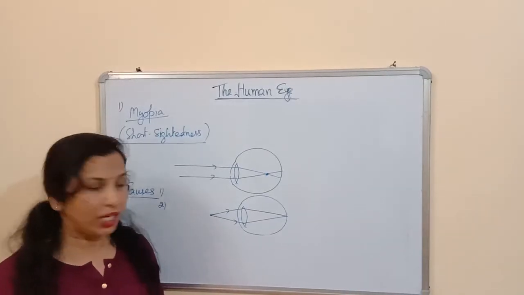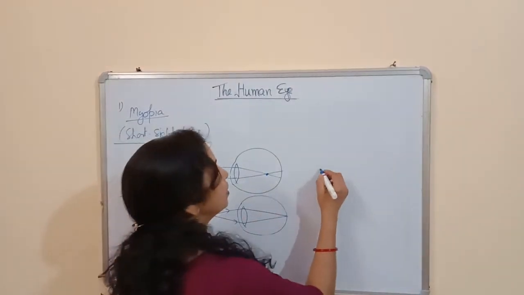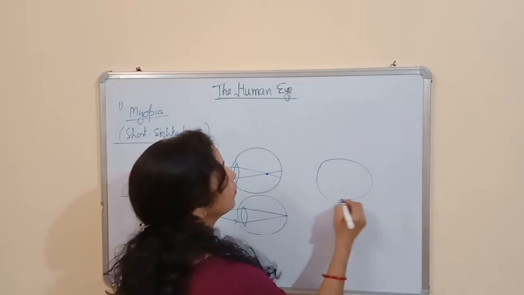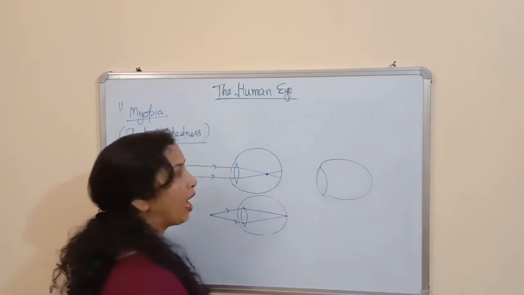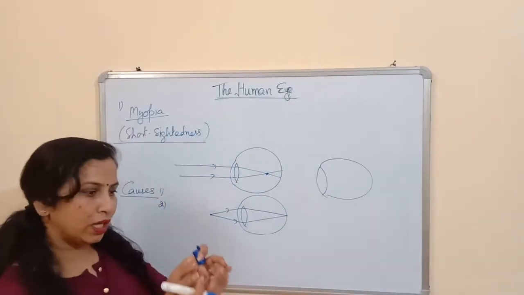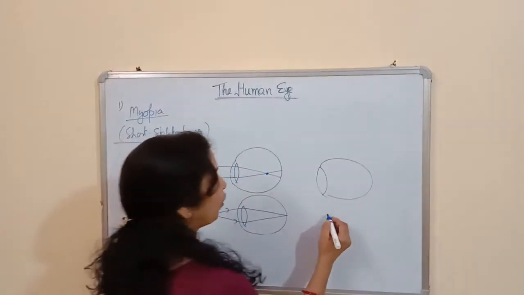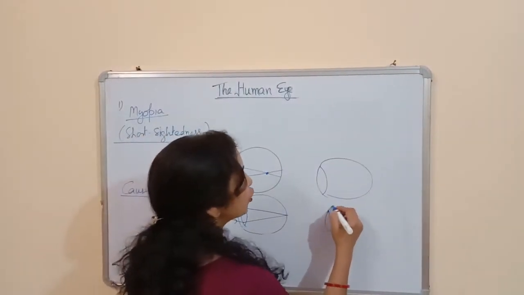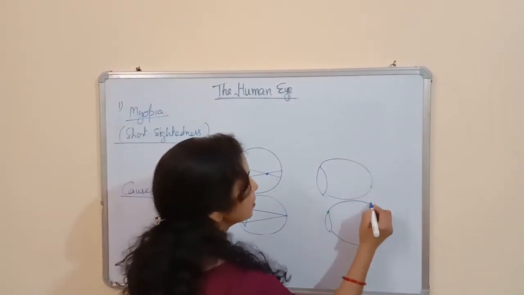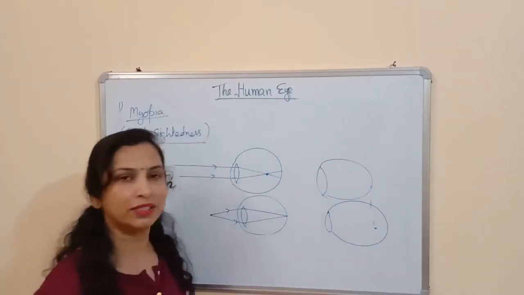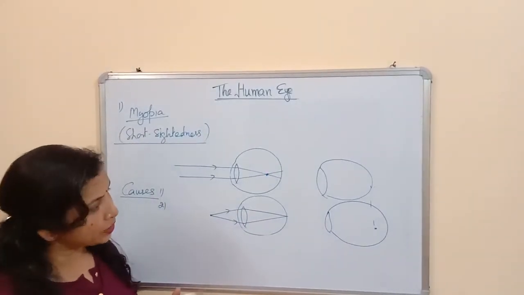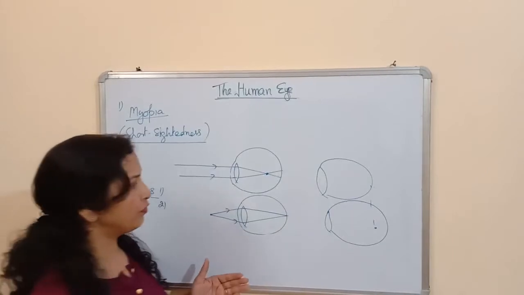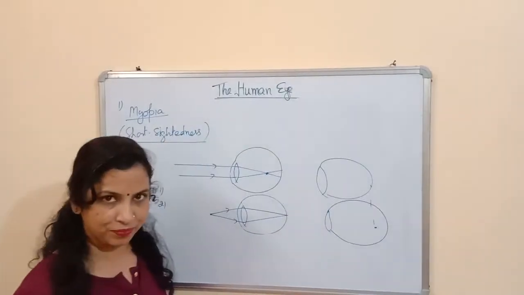Second one: suppose this was the normal size of the eye, and if the eyeball becomes large, then what will happen? The retina, which should be at this place, is now at a greater distance from your lens. The distance between the retina and the lens becomes large.